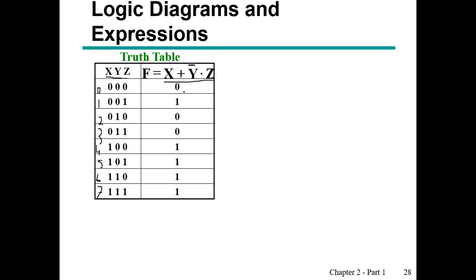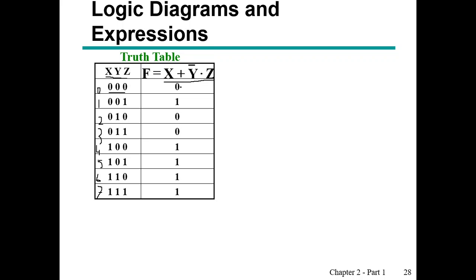Now what would be the value of this function for this input combination? So the function is x or y prime and z. So if either x is 1 or this term is 1, then the function is 1. So x is 0. So let's look at this one. Y prime is 1, but z is 0.